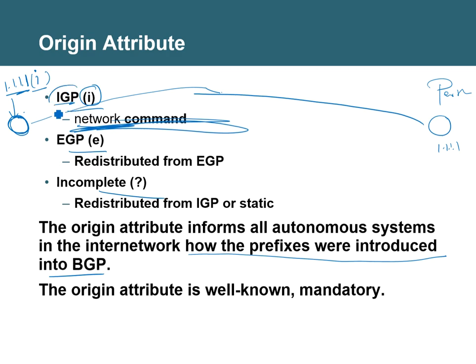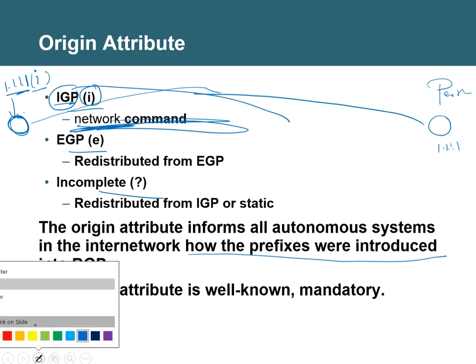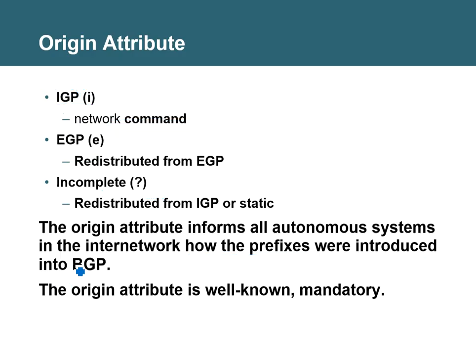That's why this is I. Don't get confused by the word IGP. IGP here does not mean an IGP routing protocol like OSPF. It means internal to BGP, BGP's own network. That is why it is said all autonomous systems: the origin attribute informs all autonomous systems in the internetwork how the prefixes were introduced into BGP.